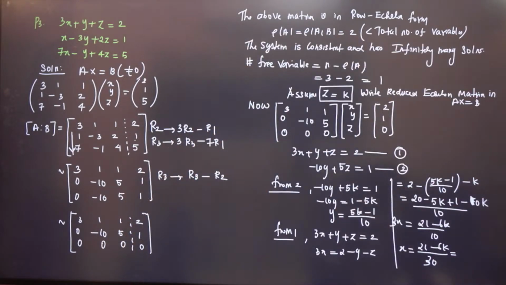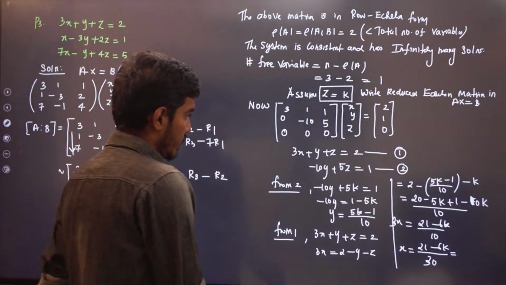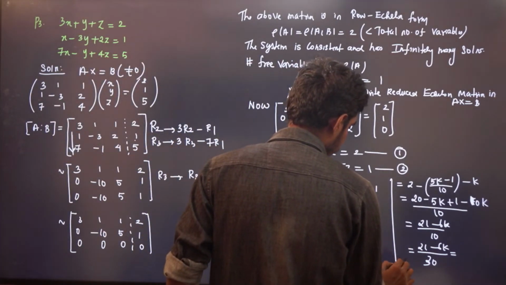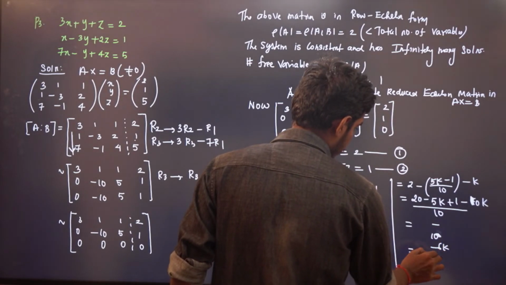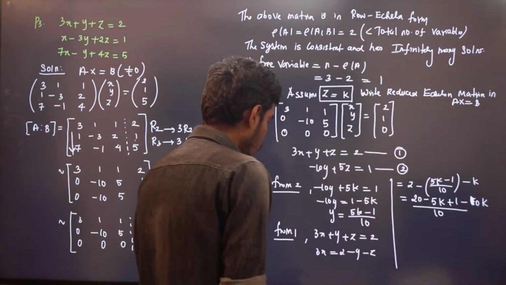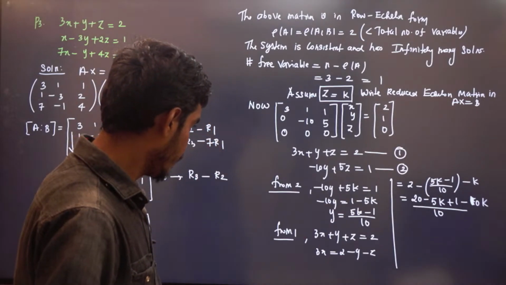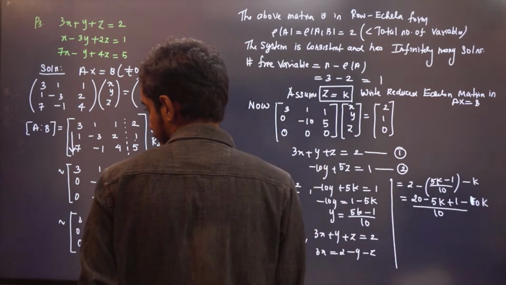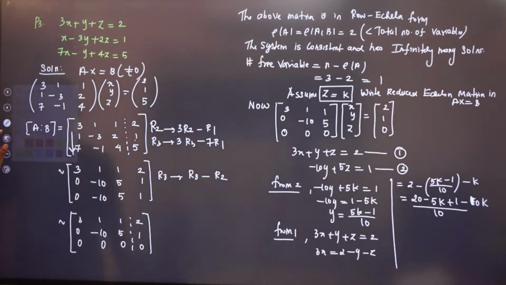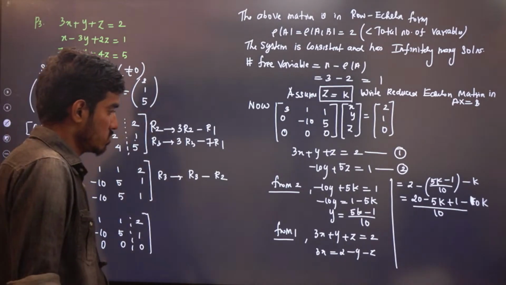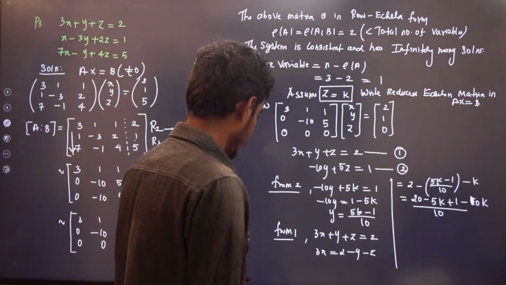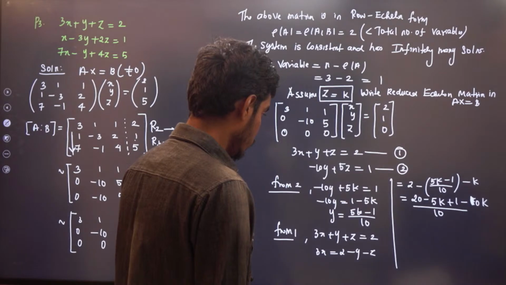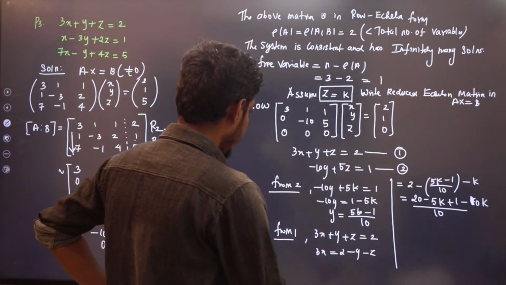So yes, this is 3x. So y is (5k minus 1) by 10 and z is k.